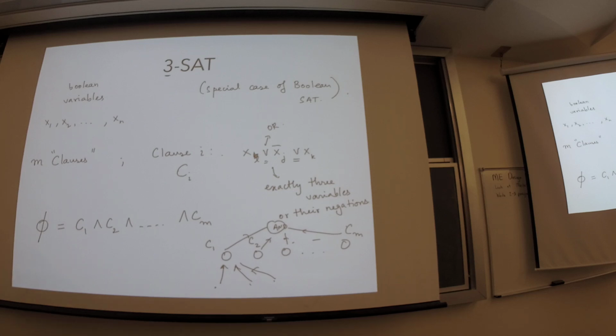And the 3-SAT problem basically asks, are there values for x1 through xn so that this circuit outputs yes? The question is, are there x1 through xn such that phi is true?